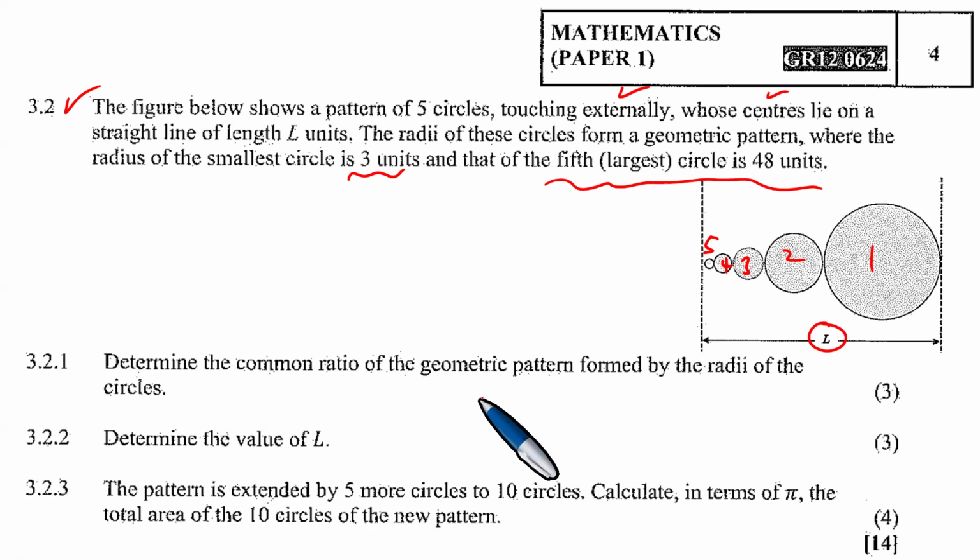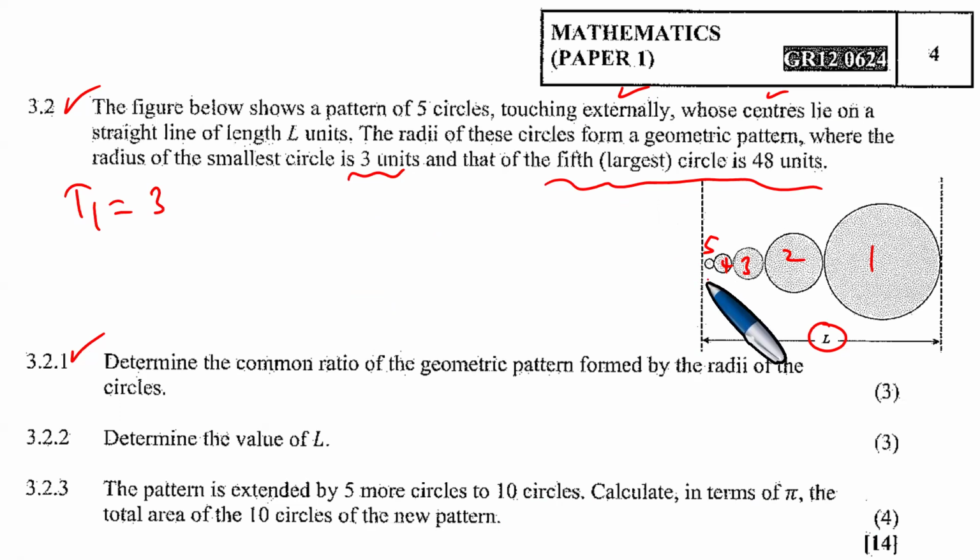The radius of the smallest circle, let's call it T1, is exactly 3 units. We're looking at the answer to 3.2.1. And that of the fifth largest circle is 48 units.